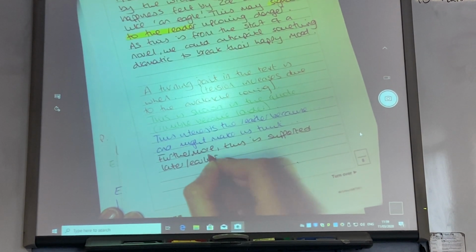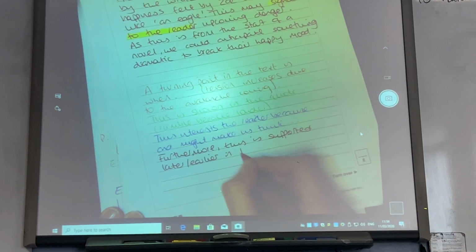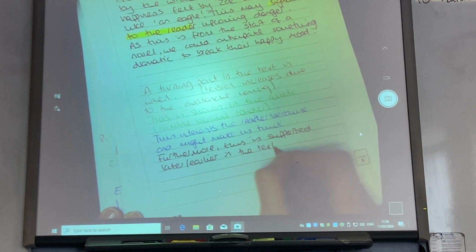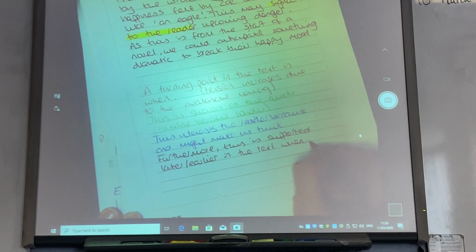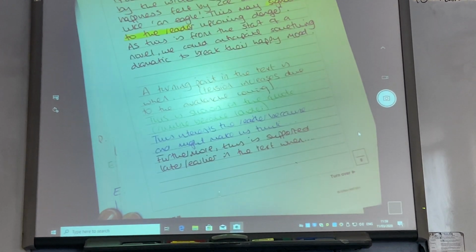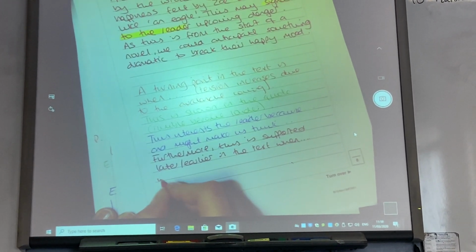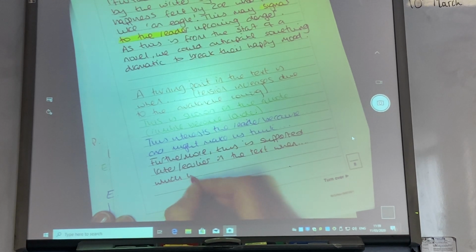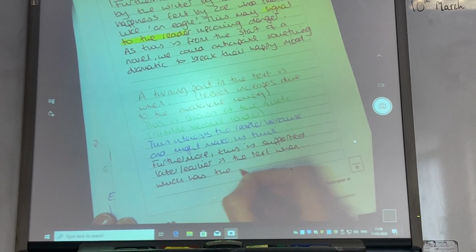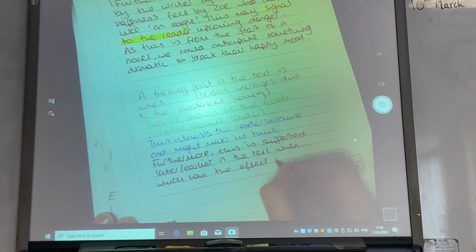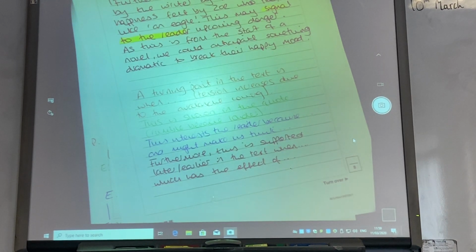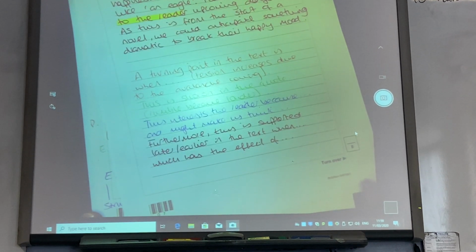Remember, we're linking across the text, in the text, when. So if you're talking about the rumble, you could talk about the fact that that's happened previously, which has the effect of building tension, increasing the danger, etc.